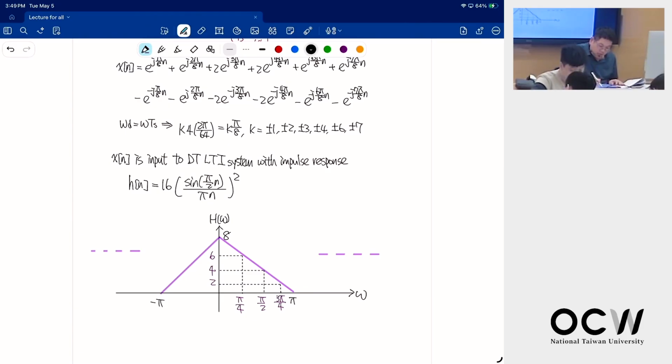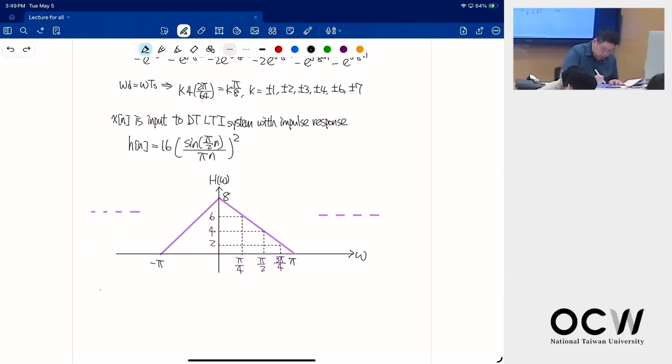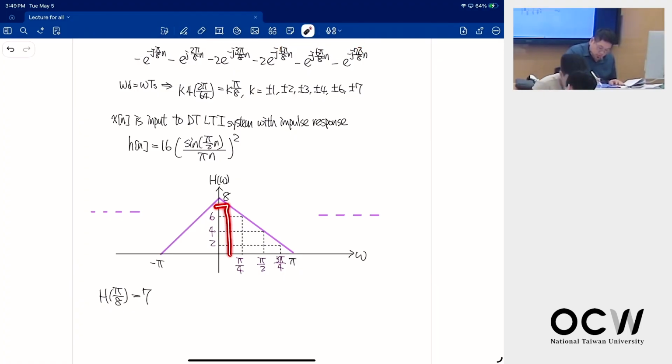And you can find the frequency response. Pi over 8 is 7 here. And then 3 pi over 8 is 5. 7 pi over 8 is 1.